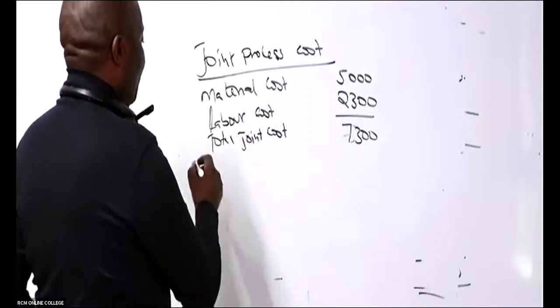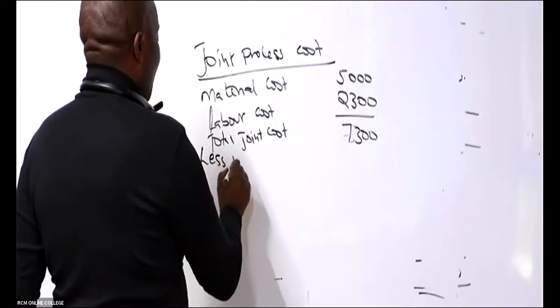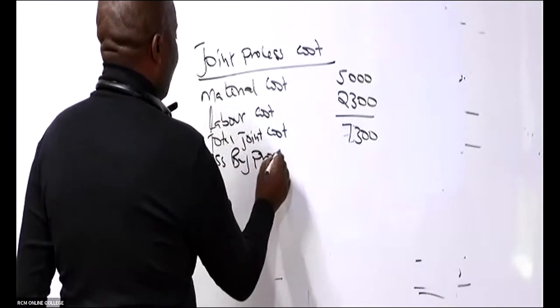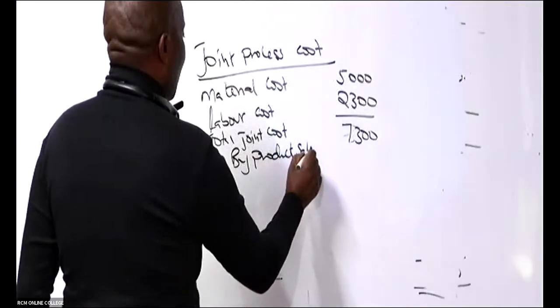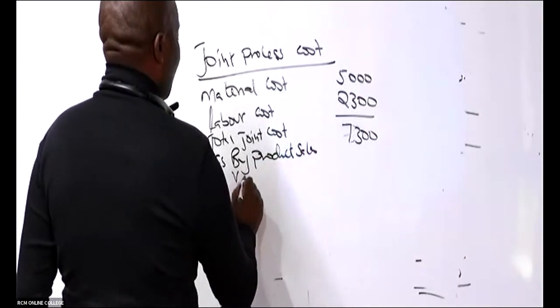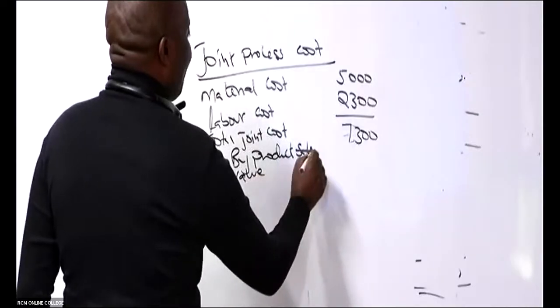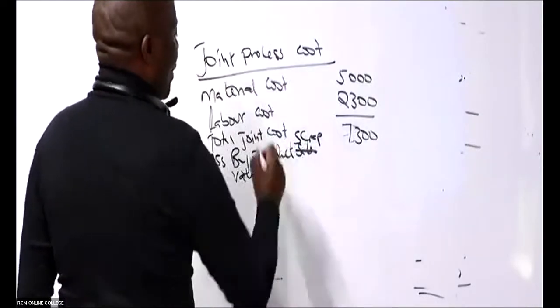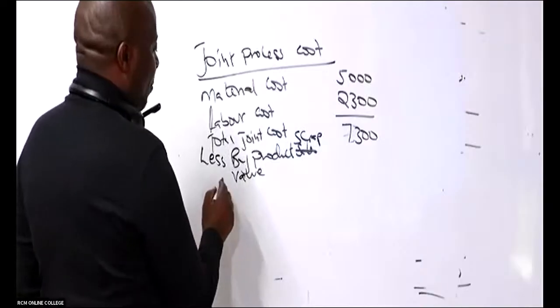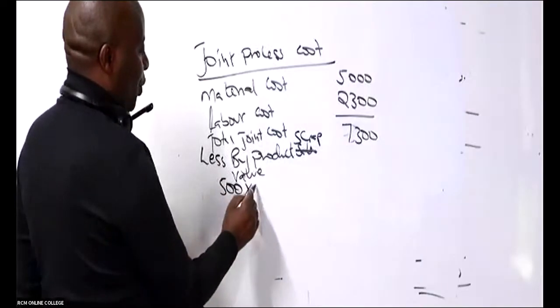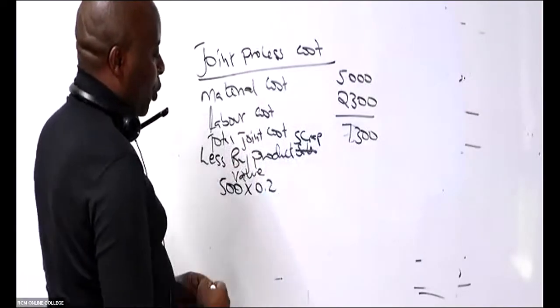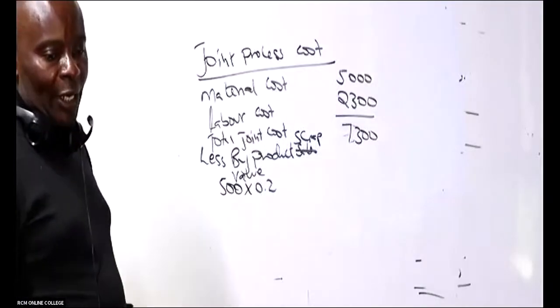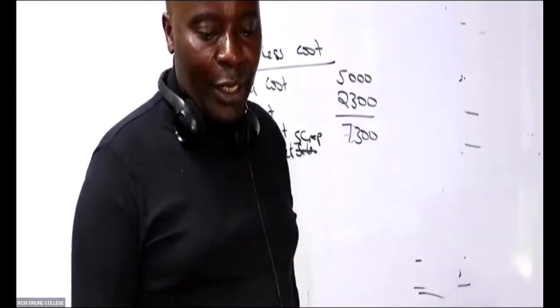So less byproduct sales value. Call it scrap value. So remember the byproducts, they were 500 units and each is supposed to be scrapped at 0.2. I can share the handout.